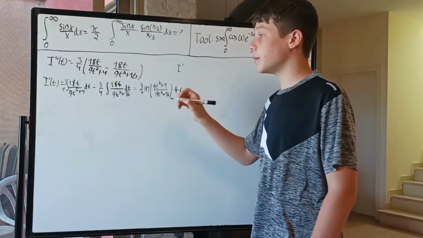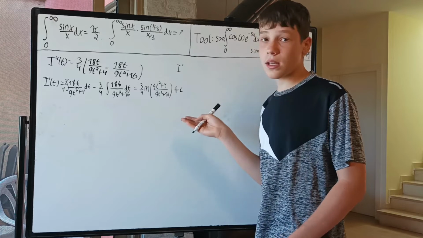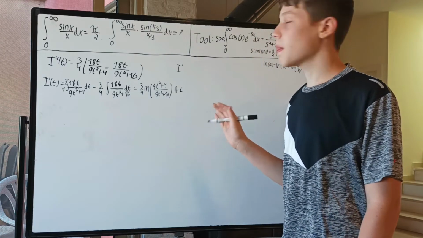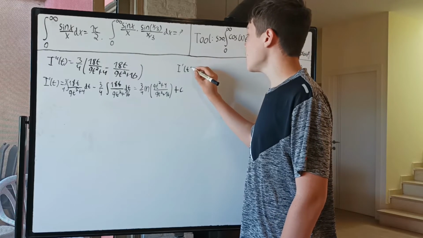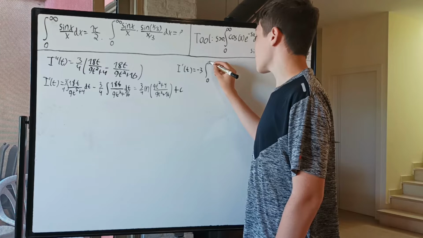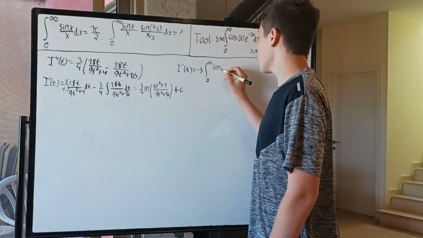The way to find this value C is to know a value of I prime t. But I prime t, let me remind you, is this thing.